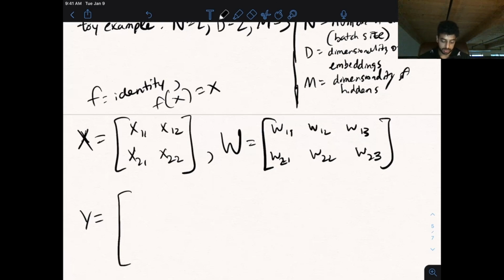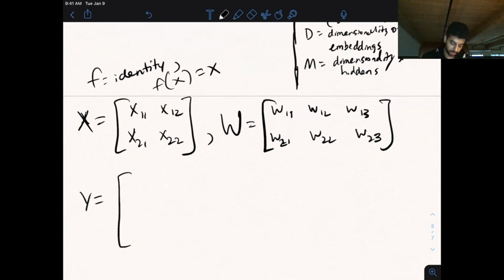Therefore, the resulting matrix is also a 2 by 3 matrix. So when we compute this product, we get x11 times w11 plus x12 times w21. And this is the first element of our matrix here.